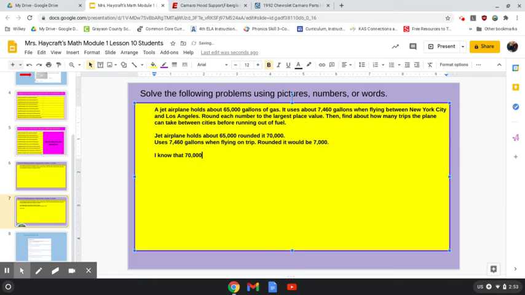So I could make 10 trips on the amount of gas.